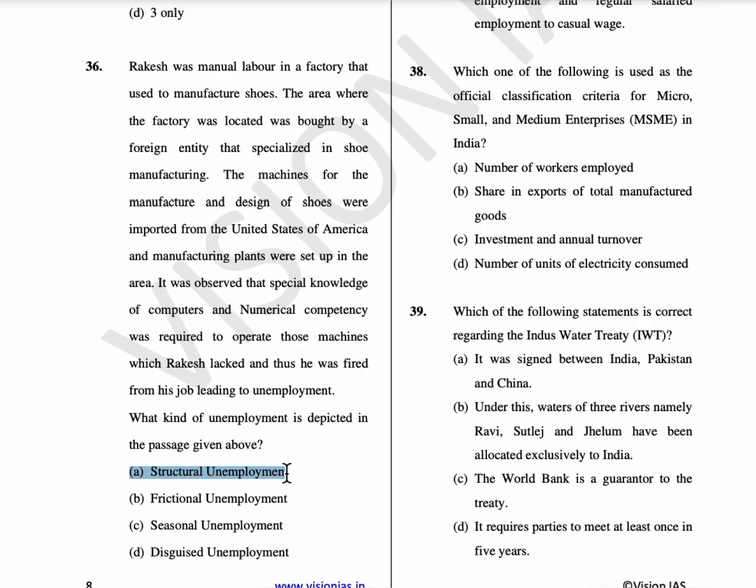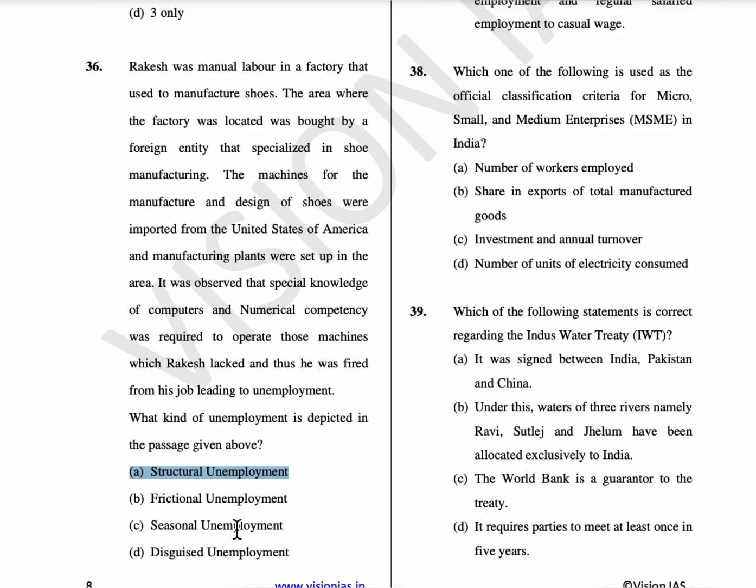The unemployment caused due to lack of special knowledge or lack of skills is called structural unemployment. Coming to frictional unemployment, it is caused when a person leaves a particular job and searches for another job. That short period of unemployment is called frictional unemployment. Next is seasonal unemployment.